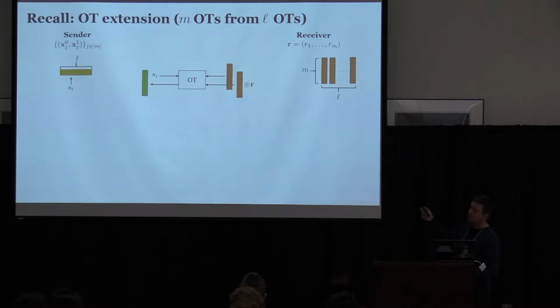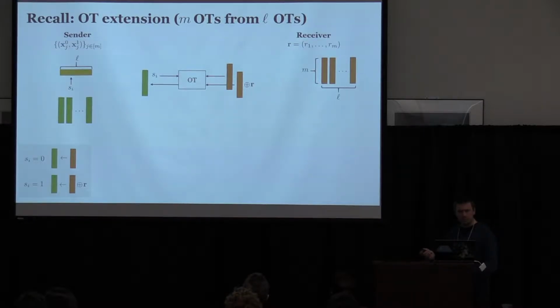So the receiver, remember in OT, has m bits. Those are the selection bits for the m OTs, where m is a million, right? And so this is a million tall, and this r is a million tall, and so you can XOR bitwise, okay? So what happens now, the first OT gives to the sender a green column, where a green column is either equal to the orange column, or it's equal to the orange column XOR the choice vector r.